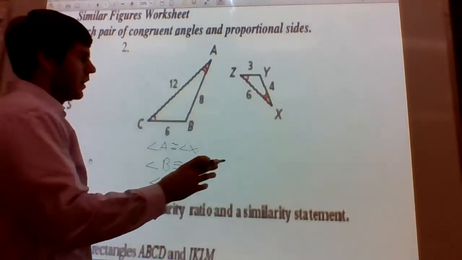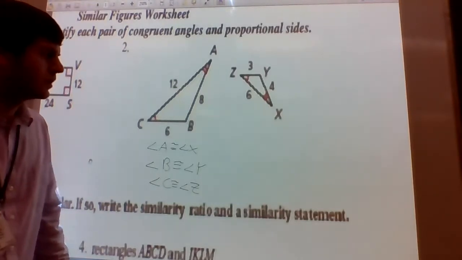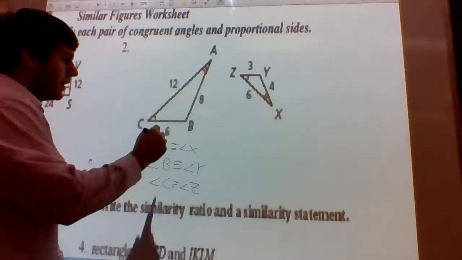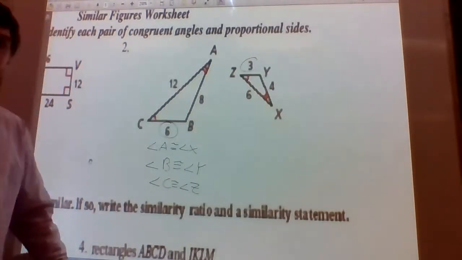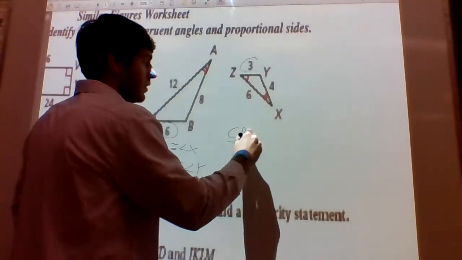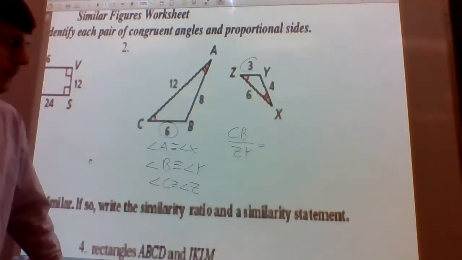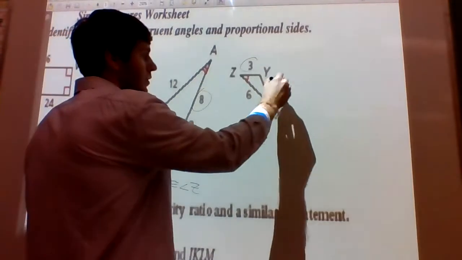Proportional sides. So again, the easy way to do this is to look for the smallest, the largest, and the ones in the middle. So CB and ZY are the 2 smallest numbers here, 3 and 6. So we know CB and ZY are corresponding sides. Then we want to look for the middle numbers. That's going to be 8 and 4.